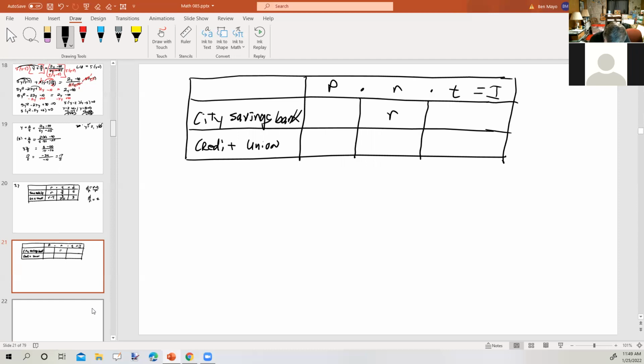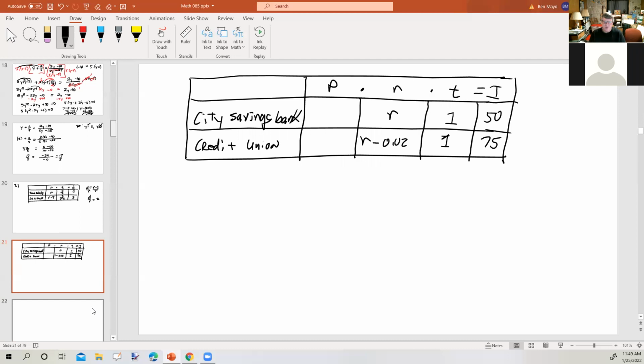This says R. Let's see. This is 1. This is R minus 0.02. This is also a 1. This is a 50, and this is a 75.